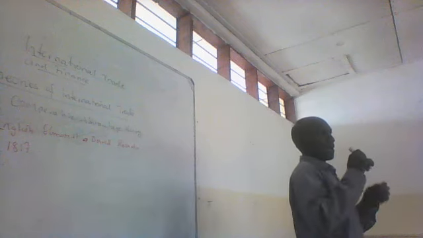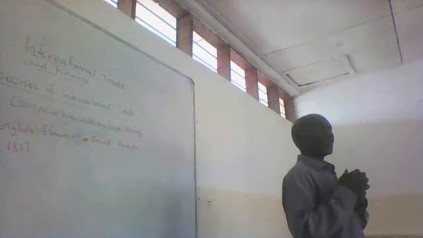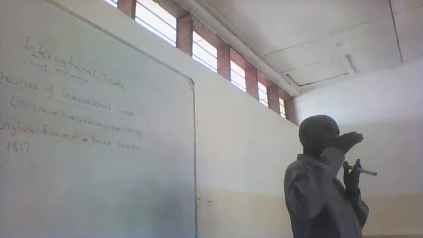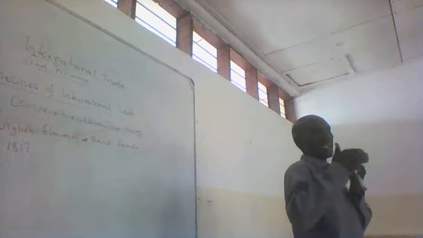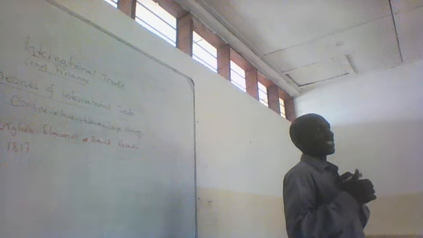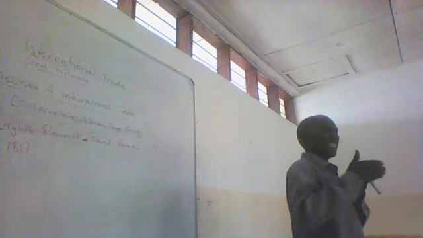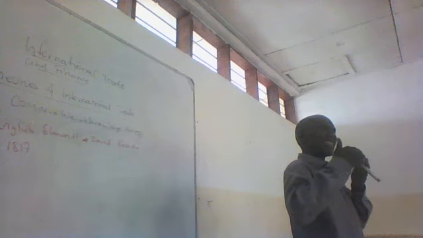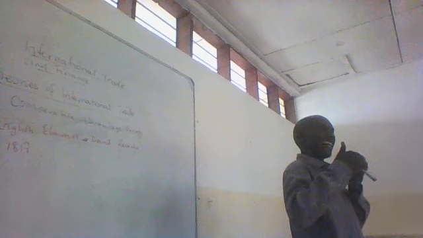If you study the timeline, you will notice that from 1550, when the Mercantilists came up with their theory, then came other years, 1776, Adam Smith coming in.